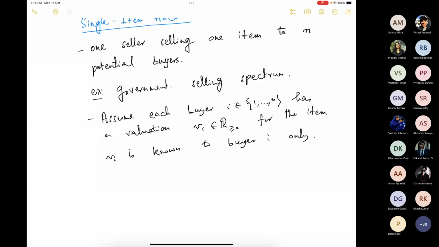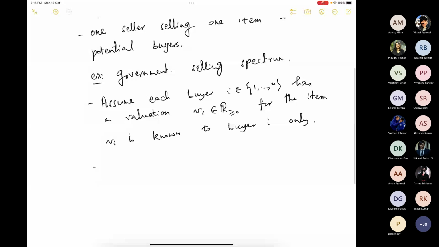And what is the utility? The utility of buyer i is 0 if he does not get the item.